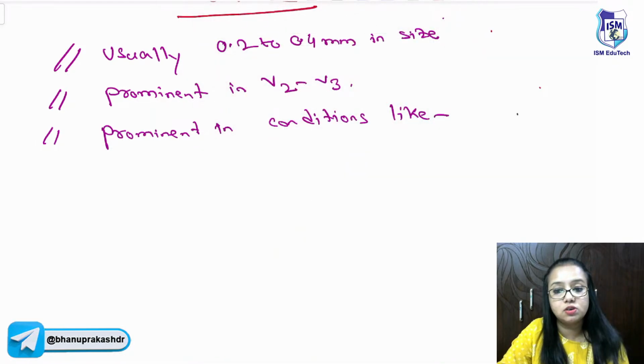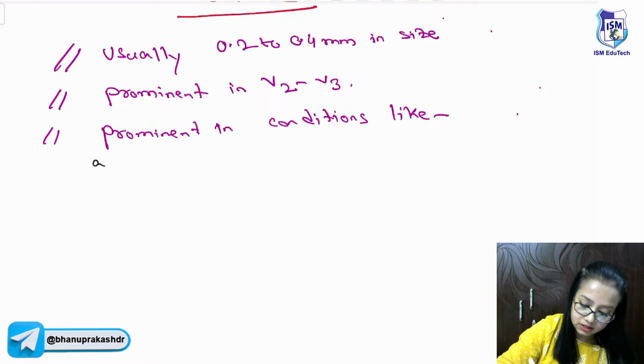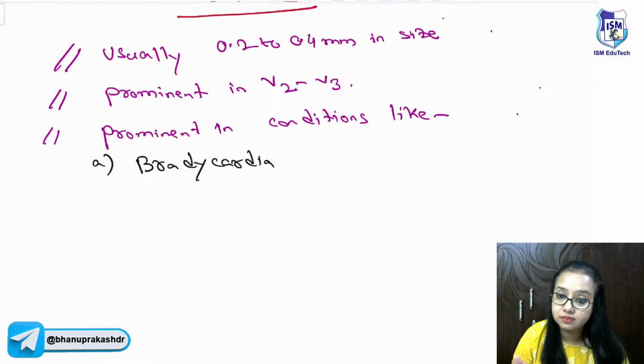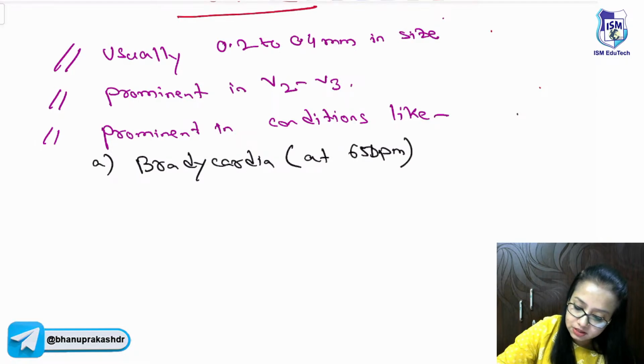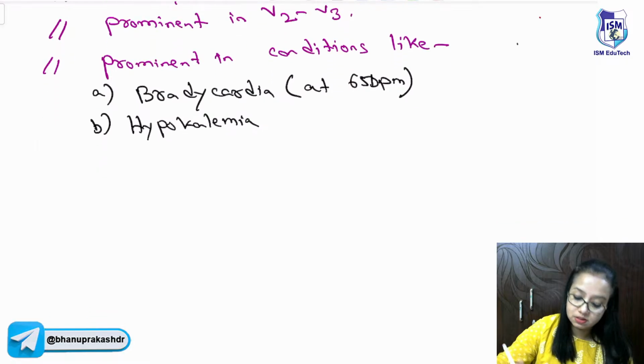U wave usually in normal condition is not visible, but it becomes more prominent in conditions like bradycardia. When the heart rate slows down, the U wave becomes very prominent at 65 beats per minute. In hypokalemia also it becomes very prominent.